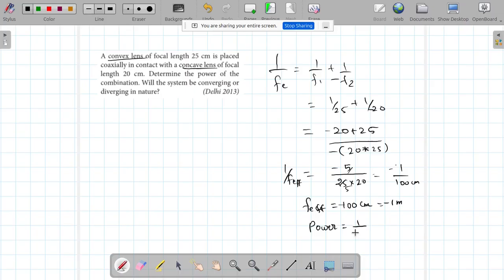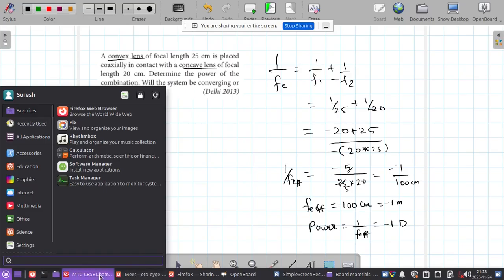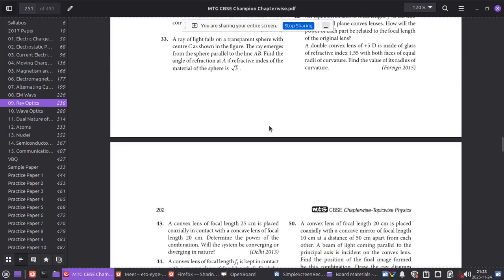So the power, 1 by F effective, equals minus 1 diopter. These are all simple questions, but sometimes they create some confusion.